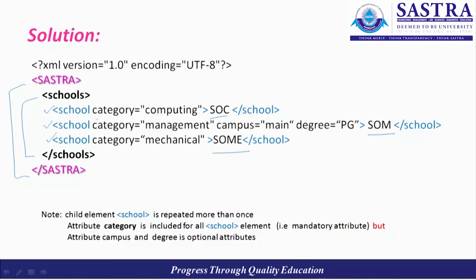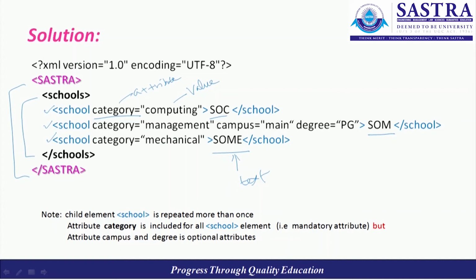Look at there, the category has been created for the school element, and its value is not a text, it is a value, because this is an attribute, which carries a value, while the element school carries text. So, understand the difference between text and value.